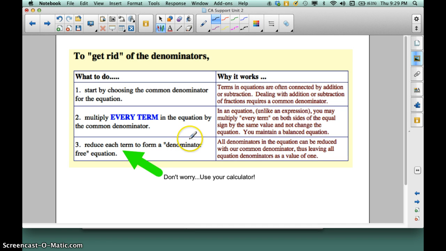Reduce each term to form a denominator-free equation. Basically, get rid of the fractions. So don't get freaked out by reducing these terms because you're going to multiply everything in your calculator. And so the fractions will go away because the calculator is going to tell you. I hope you can do that by hand, but at this point, let the calculator help you get past that part of it.